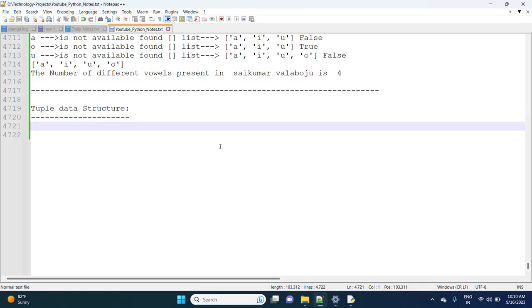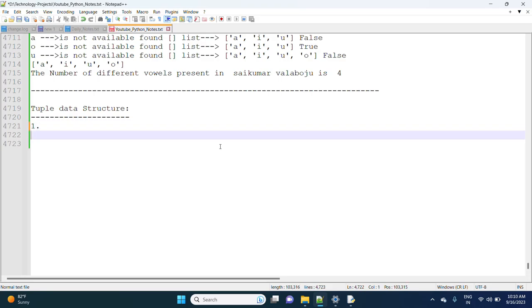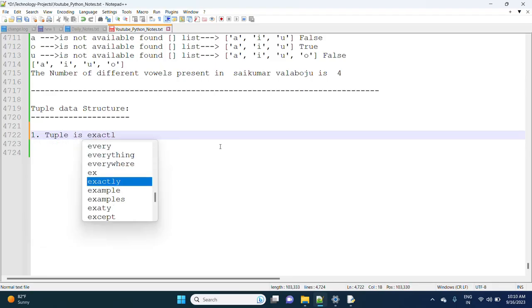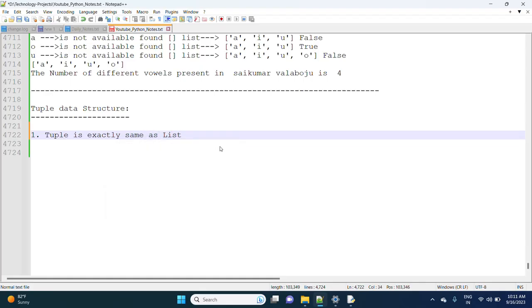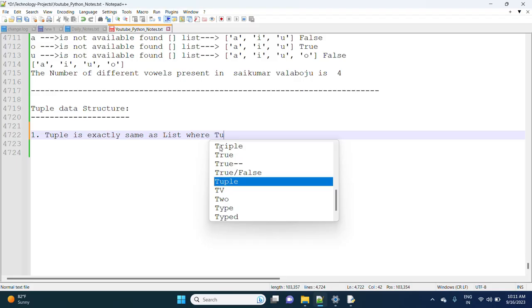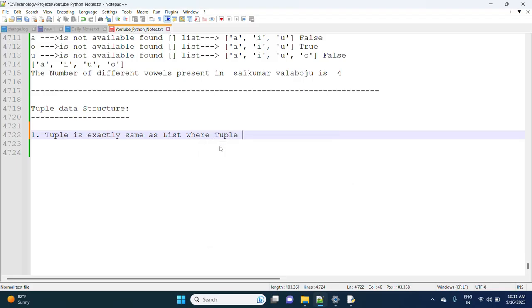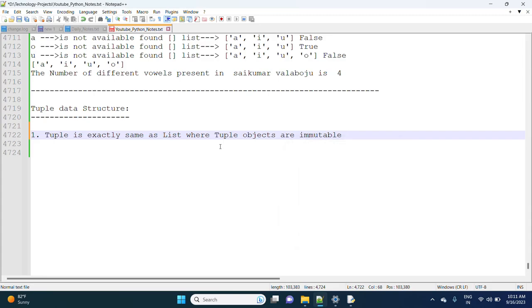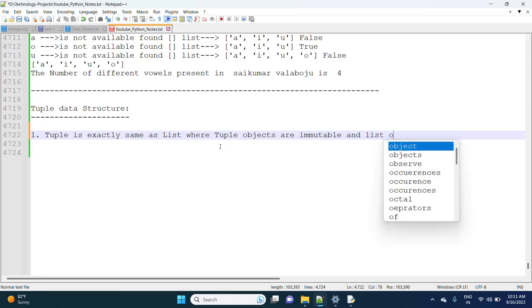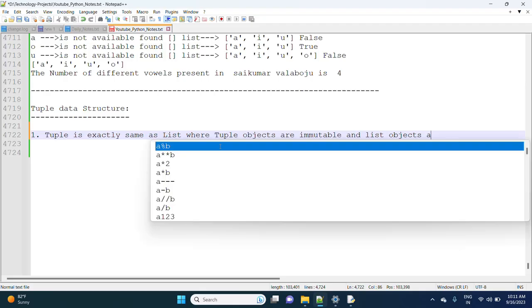So I will write the first point: tuple is exactly the same as list, where tuple objects are immutable and list objects are mutable.